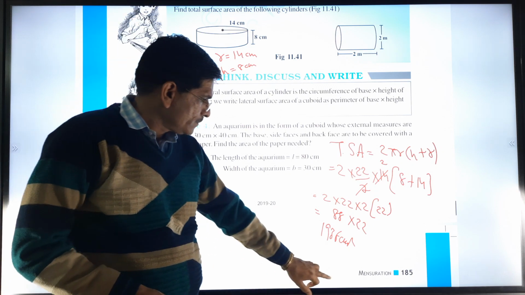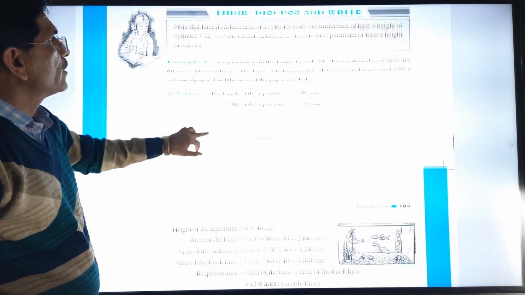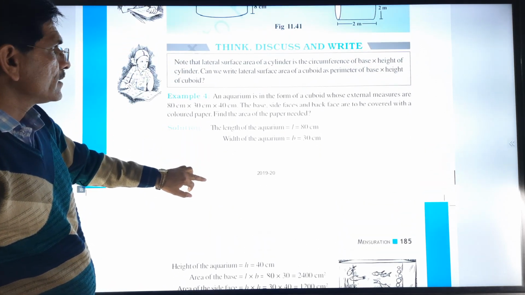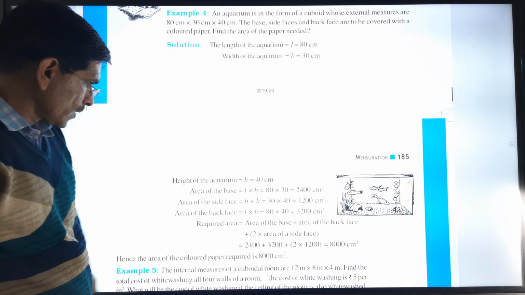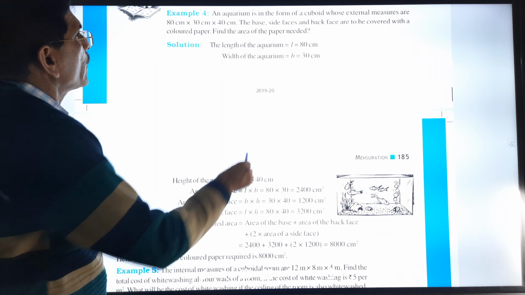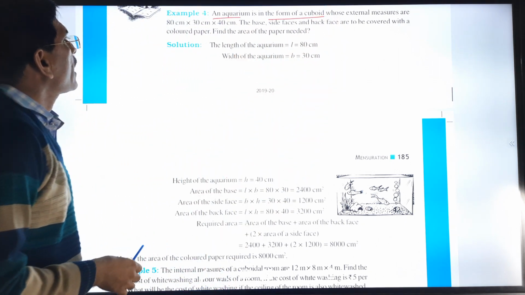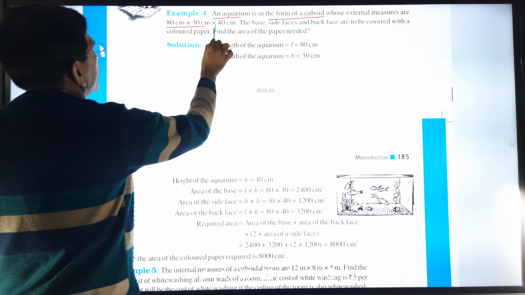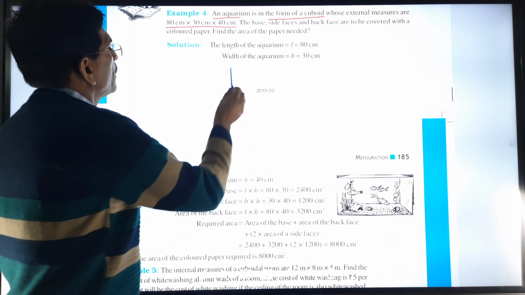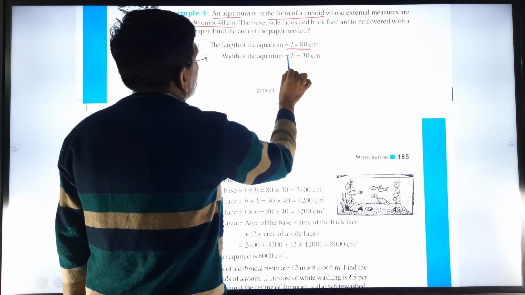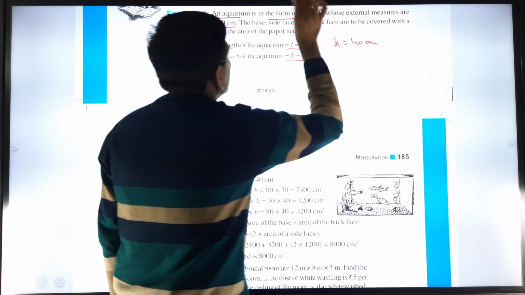So always remember, now we discuss the sums or examples given in the question. Let me see what the question is. An aquarium is in the form of a cuboid whose external measures are 80 centimeter into 30 centimeter into 40 centimeter, meaning length is 80, breadth is 30, and height is 40 centimeter.